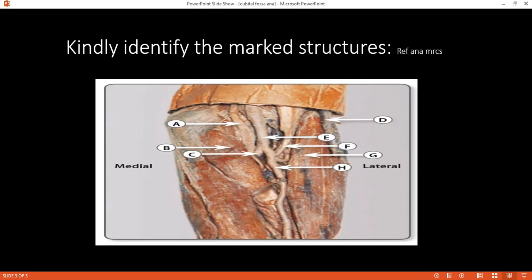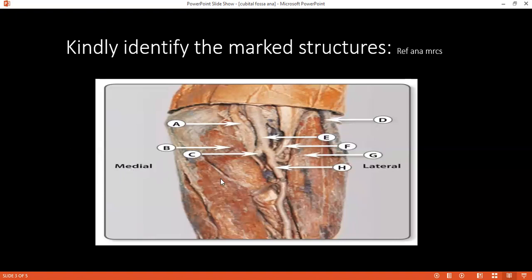Can you please now identify the structures from A to H? Number A is the median nerve. If you can imagine, medial is here and lateral is here.